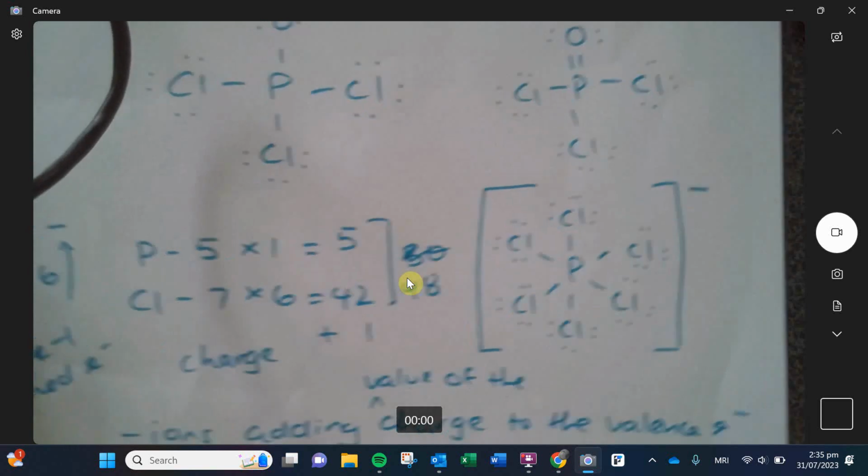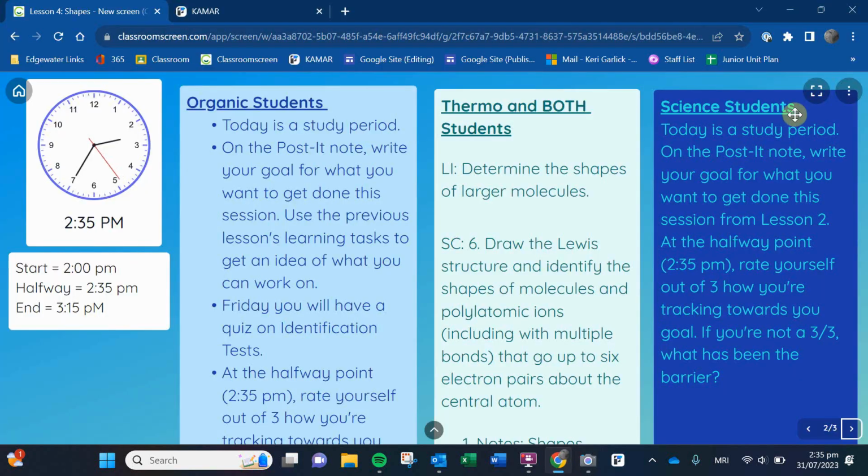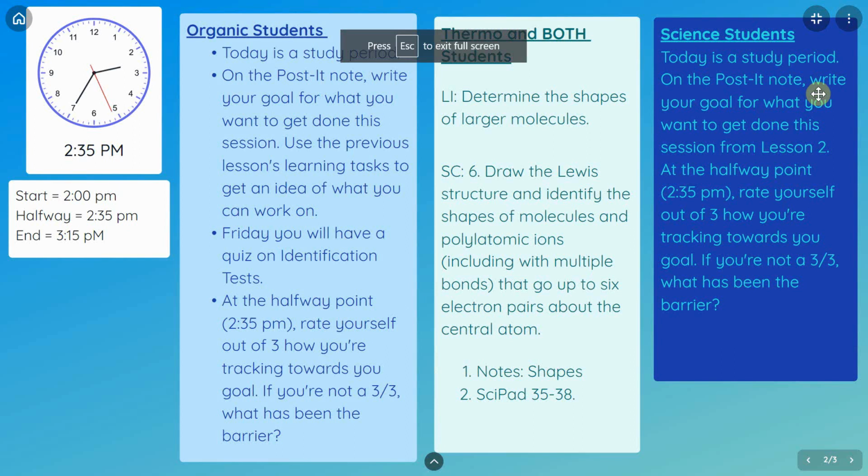All right, so for you guys, we've done the notes, short and sweet. SciPad pages 35 to 38 practice material. If you're not confident with Lewis structures, I would say do Lewis structures first and then do this, because in the event that they tie the Lewis structure question to the shape, you need to draw your Lewis structure correctly.